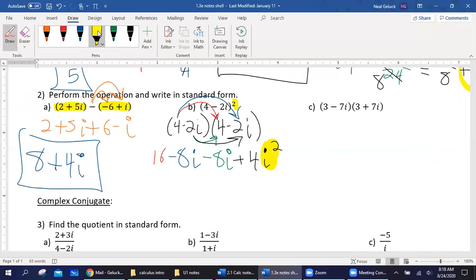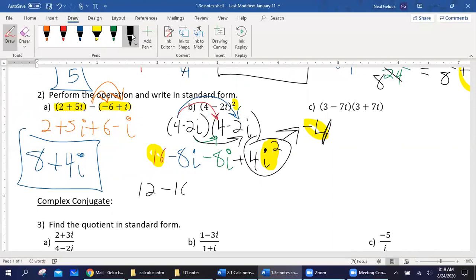So positive 4i squared is actually minus 4, because I replace i squared with a negative 1. So now I have 16 minus 4, so 12. And then negative 8i minus 8i would be minus 16i.